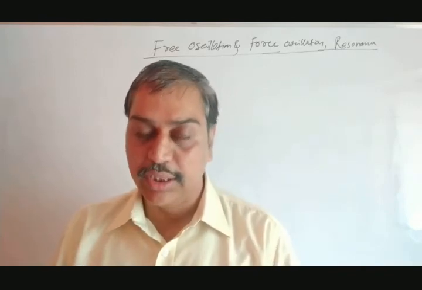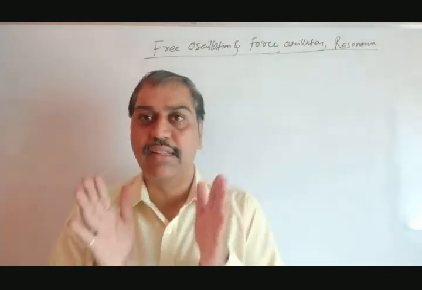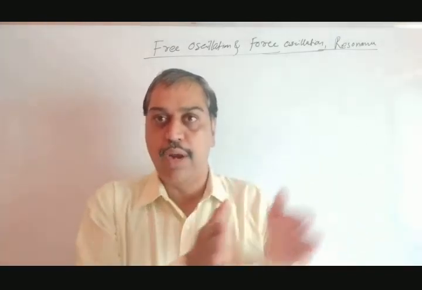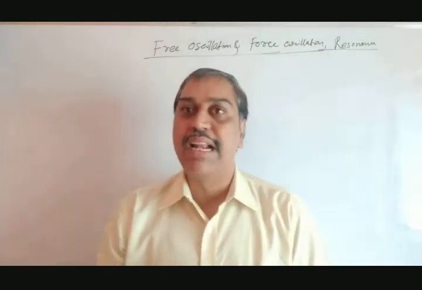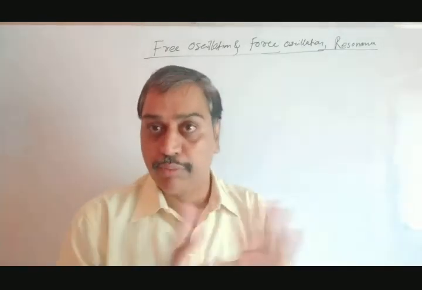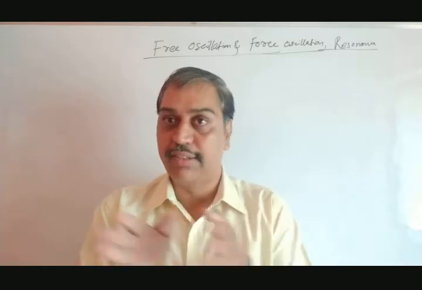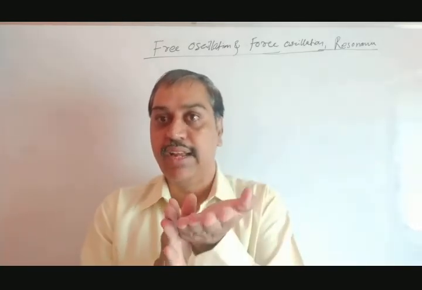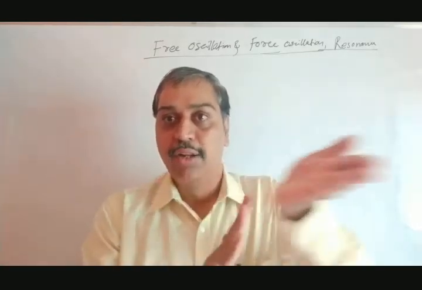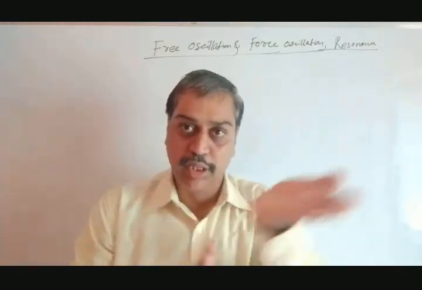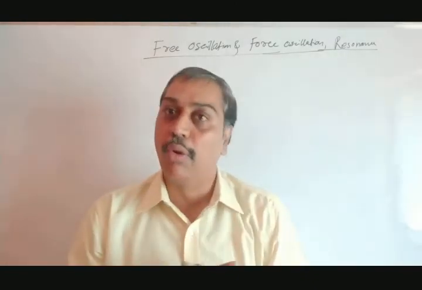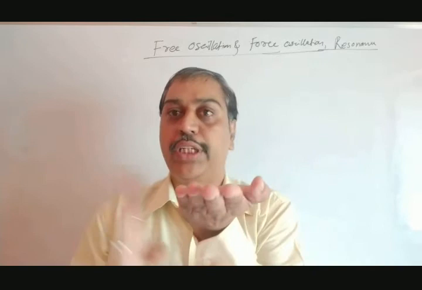Suppose imagine that you are seated in the swing. Swing is moving with to and fro type of motion, but nobody is there to give us a push from backside. Somebody is pushing you from backside, so the swing goes like this. Suppose we are alone, we don't have anyone to push it from backside.